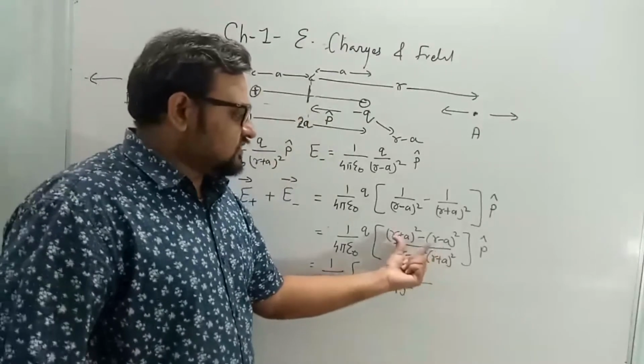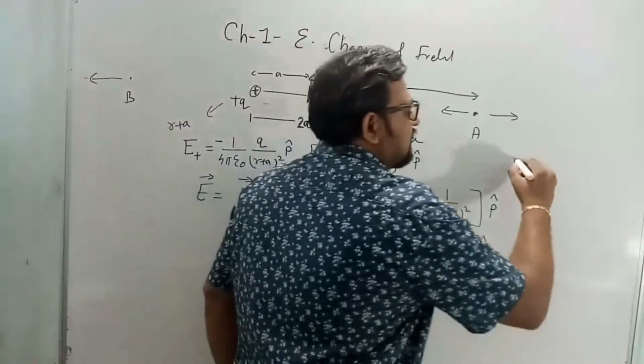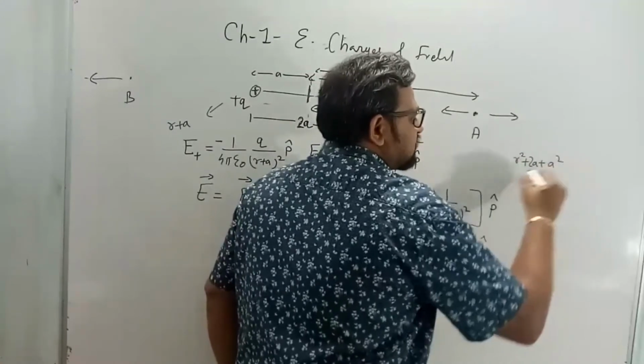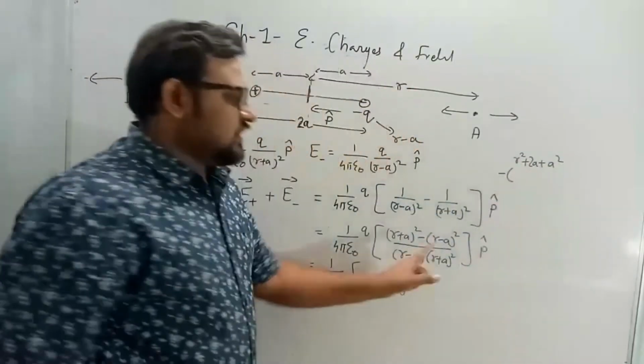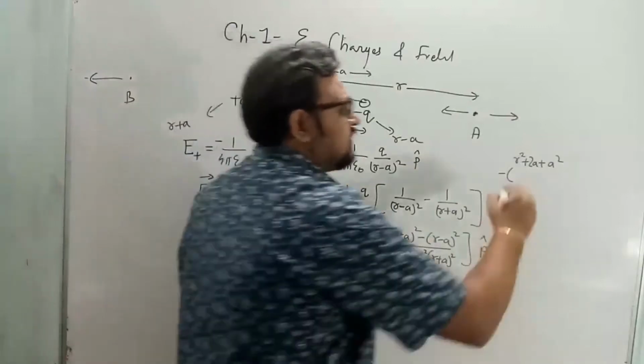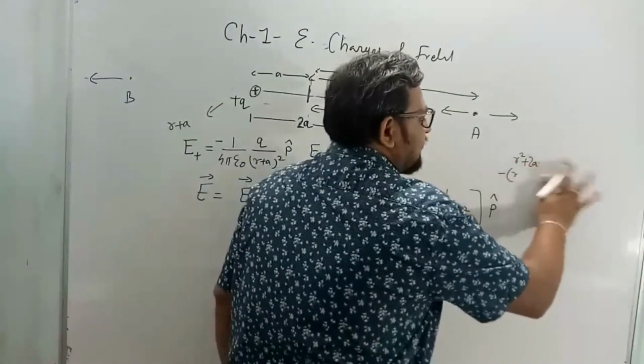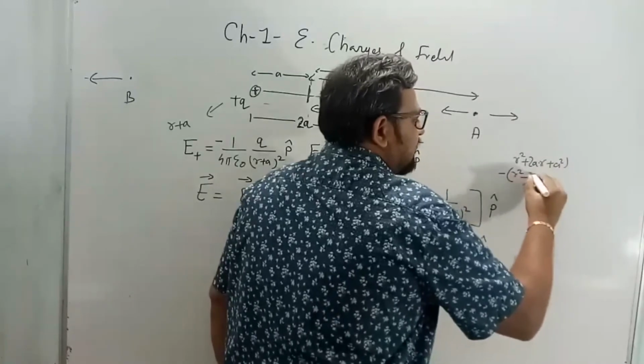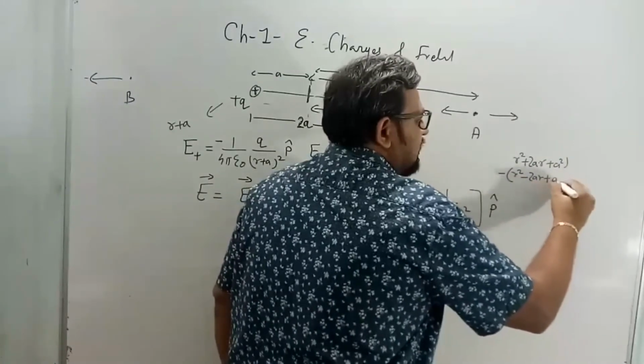Now I am solving this. r plus a whole square: r square plus 2ar plus a square, minus r minus a whole square: r square minus 2ar plus a square.